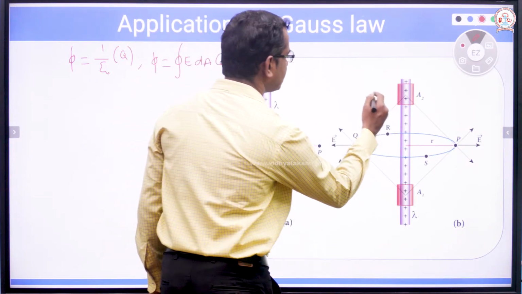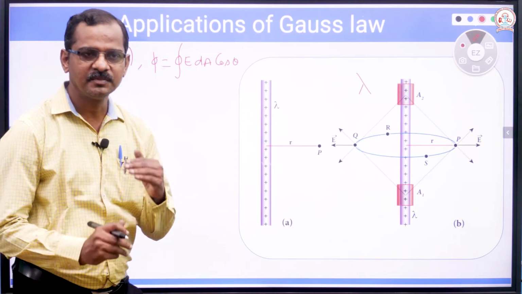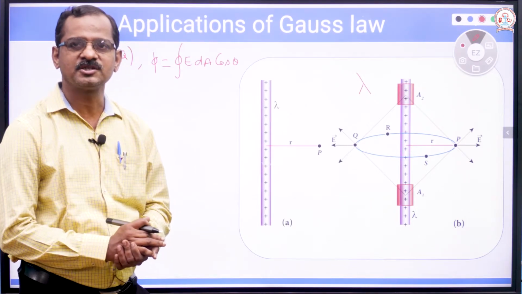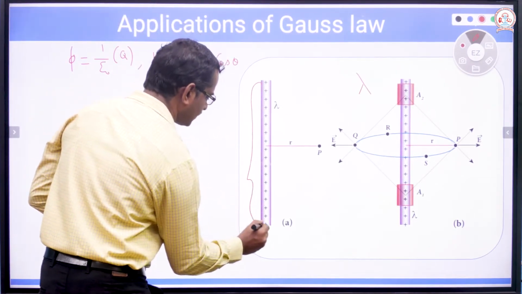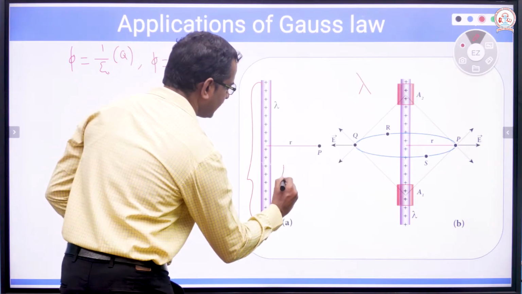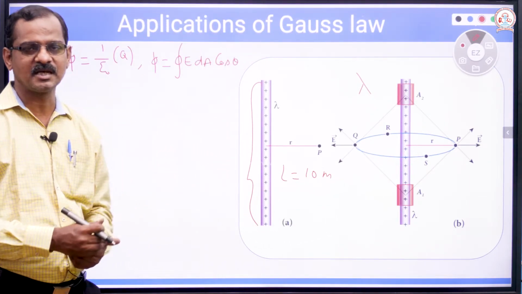Our aim is to find out the electric field at this point. Imagine lambda is linear charge density. It means charge per unit length. Just for understanding, imagine the total length of this charged rod, L, is 10 meter.